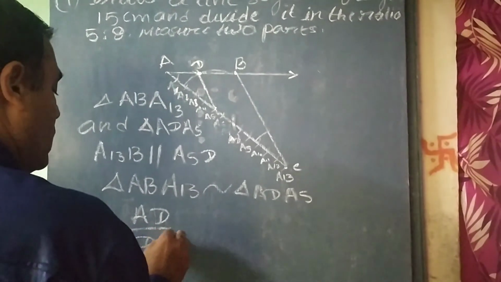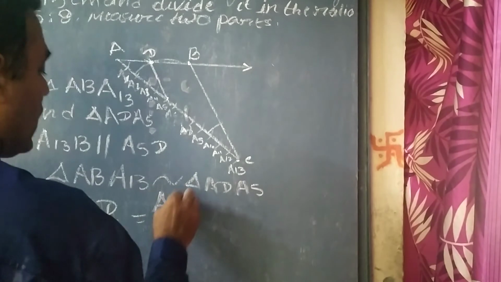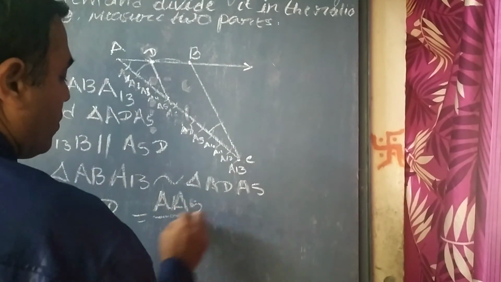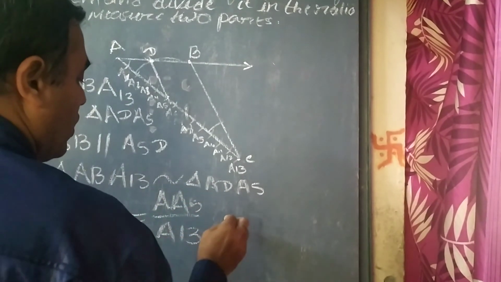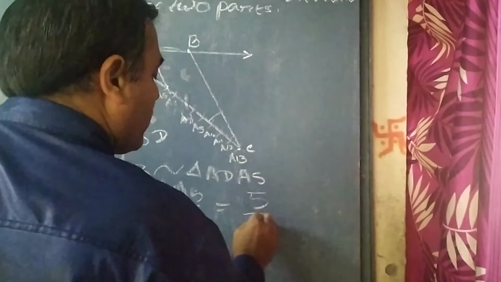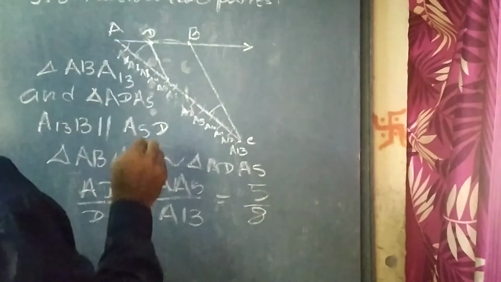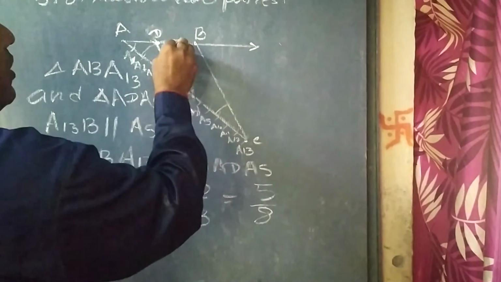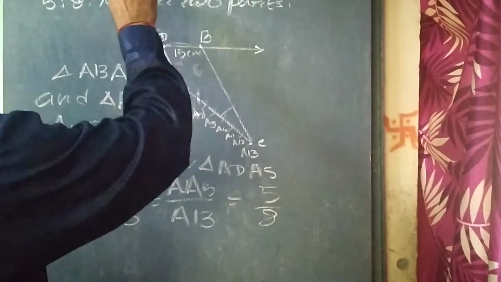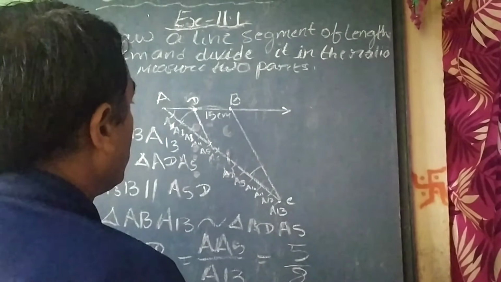So we can say AD by DB is equal to A5 to A13, that is 5/8. So in this way we have divided the line segment of 15 centimeters, based on question number 1. This is the justification of how we solved the problem.